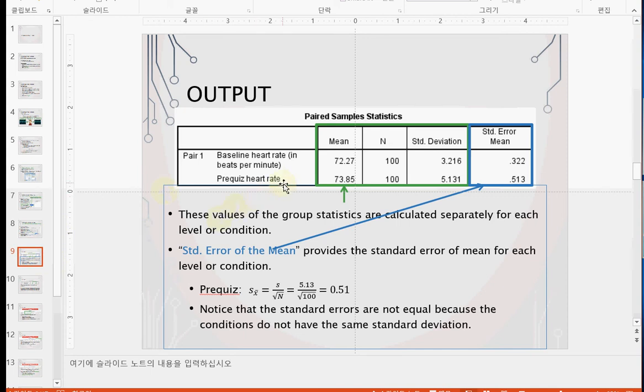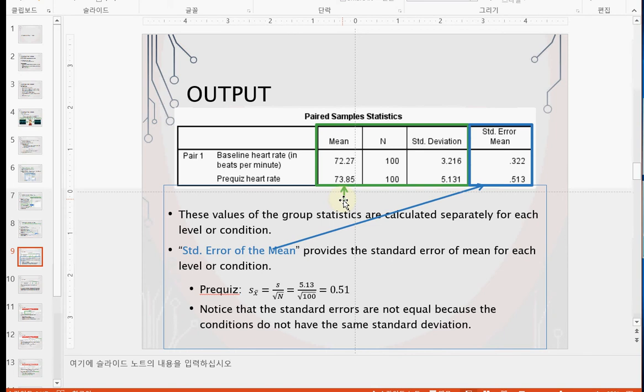The first table is the descriptive statistics, as usual, for each variable. The mean baseline heart rate is 72.27 and the mean pre-quiz heart rate is 73.85.